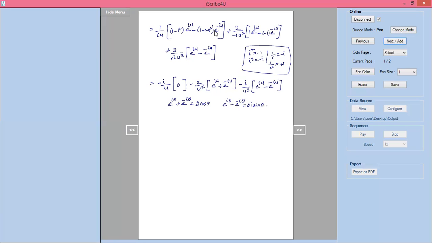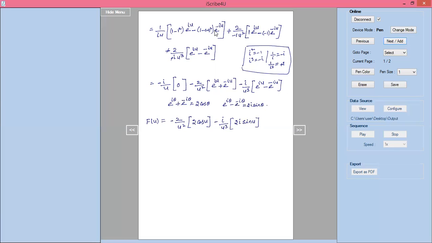Now I will write f of u equals, first term 0, minus 2 by u square into 2 cos u, minus i divided by u cube into 2i into sin u.